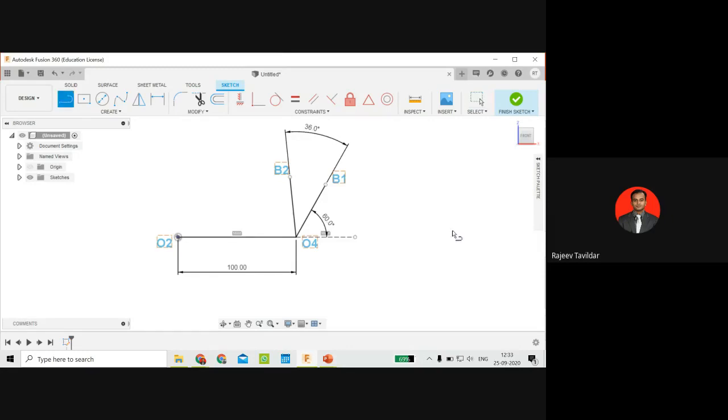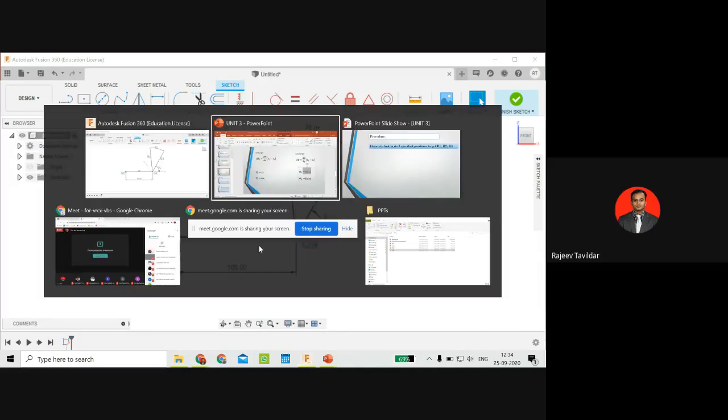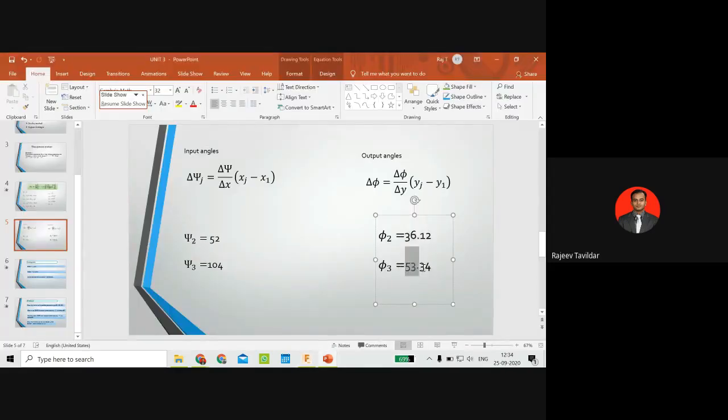And in the next step, I will draw O4B3 also. Let us see at what distance I'm supposed to draw. I'm supposed to draw it at an angle of 53.3 degrees.